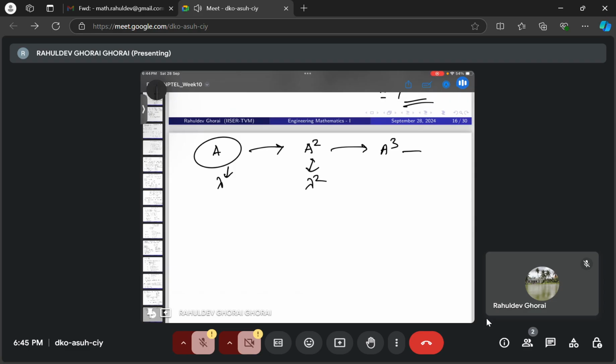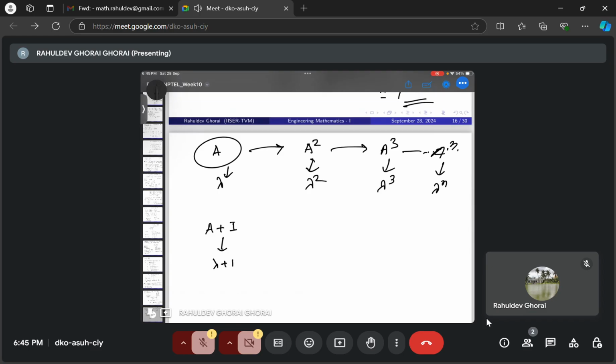One of the eigenvalues of A square will be lambda square, and of A cube, lambda cube. So for A to the n, the eigenvalue will be lambda to the n. Also, if lambda is an eigenvalue, then lambda plus 1 will be an eigenvalue of A plus I.